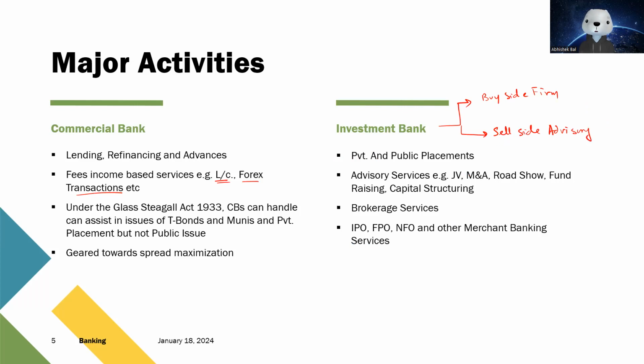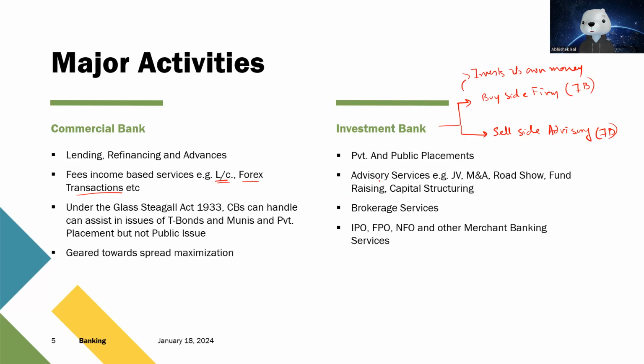The major difference between these two sorts of investment banks is that a buy-side firm can actually invest its own money, whereas the sell-side advisory investment banks are predominantly engaged in extending their services.